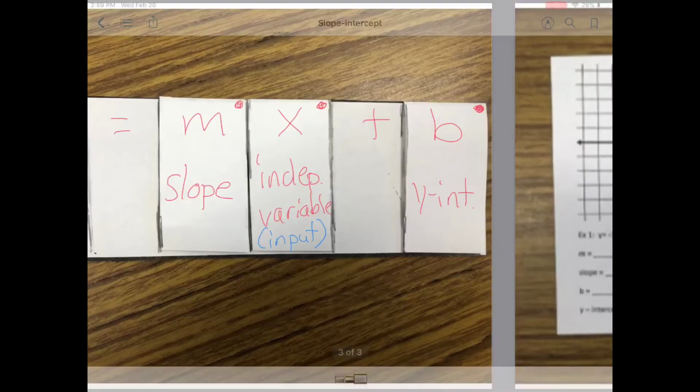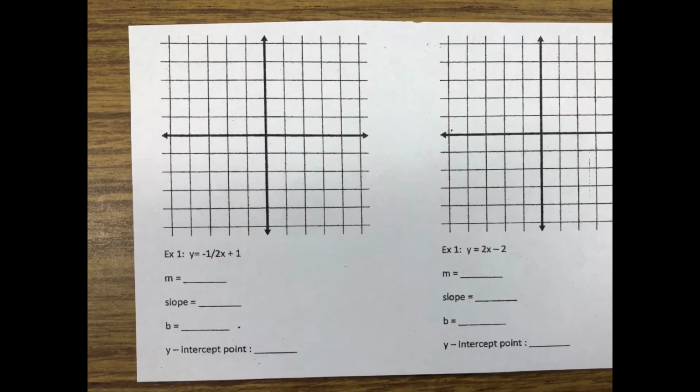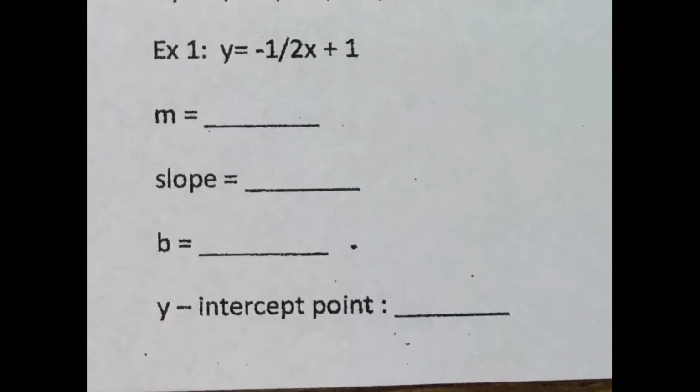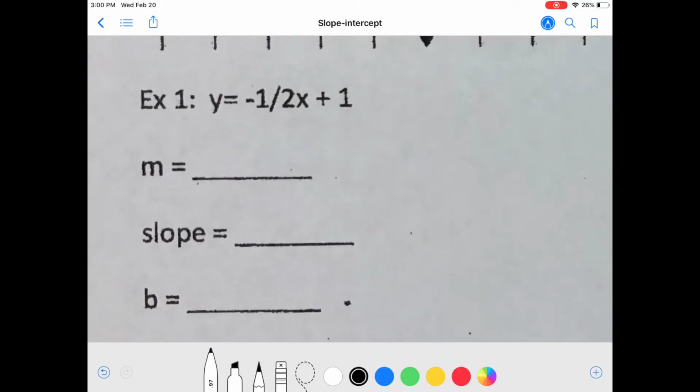So the examples that we had were these two right here, where you were given an equation and you had to first find the slope, find the y-intercept, and also graph it. So we're going to talk about the two things we have to identify first. I always like to go ahead and write the slope-intercept form right above it. Our slope is going to be -1/2, which is m in our slope-intercept form.